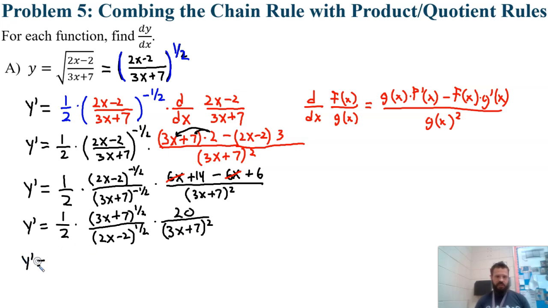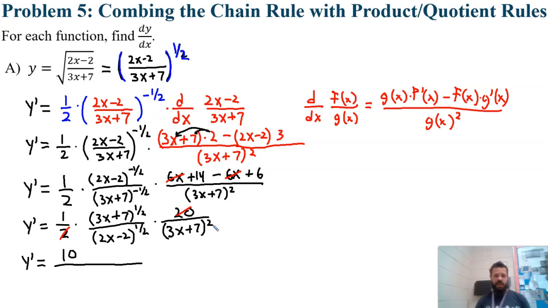Let's try to finish it up in this next step or two. So as far as putting everything together goes, we can take care of our constants. Okay, the 2 and the 20 will cancel to turn into just a 10 on top. And then the next thing I can do is notice I've got factors of 3x plus 7 on top and bottom. What I can do is I can combine their exponents. And when you're doing division with exponents, remember subtract.